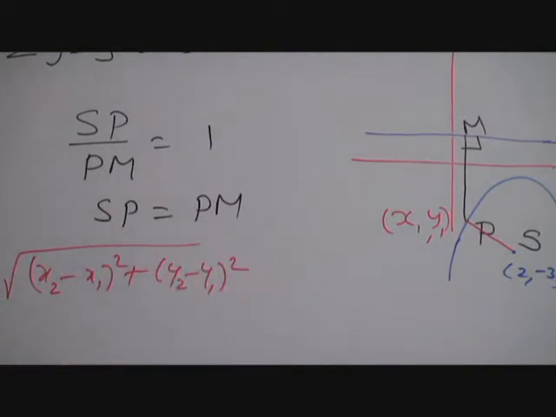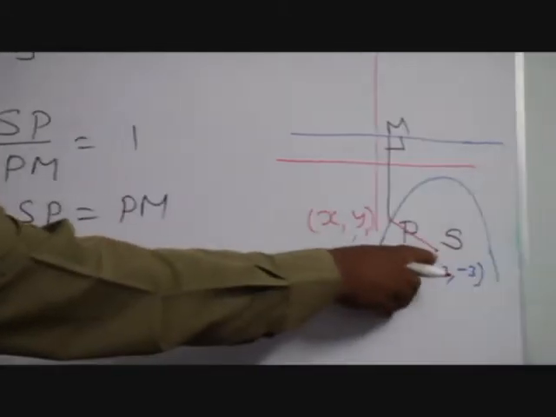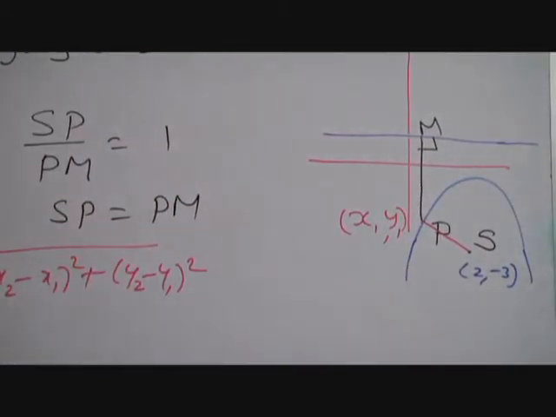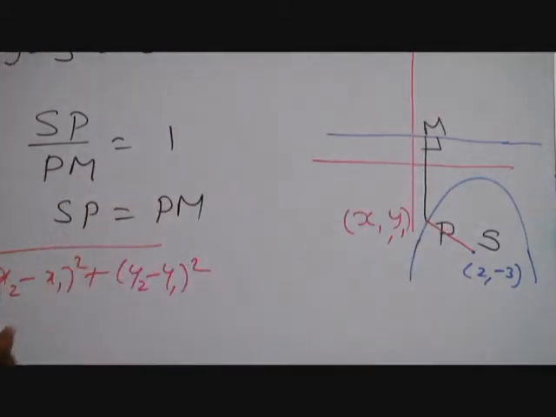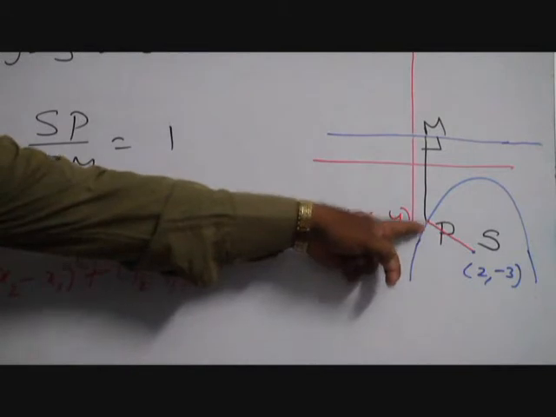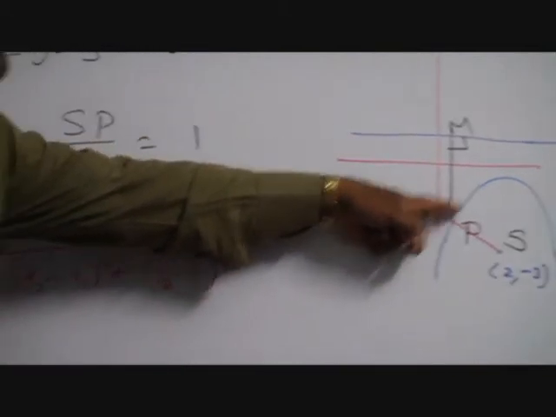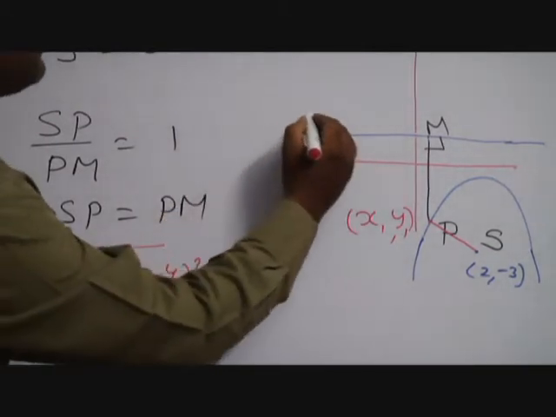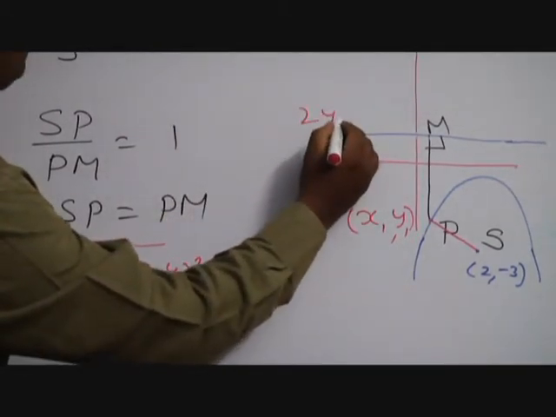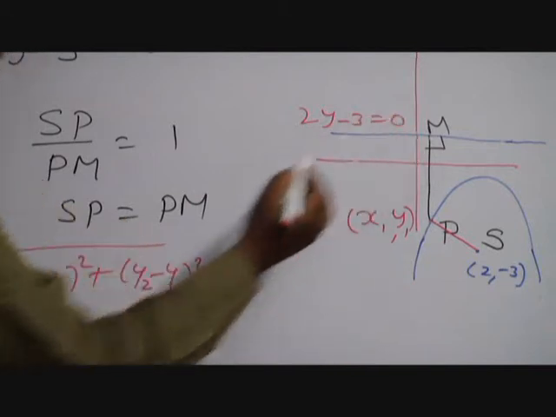This is the formula used to find the distance between the two points S and P. Next, our aim is to find the distance PM. PM is the perpendicular distance from the point P to the directrix. What is the equation of the directrix? The equation of the directrix is 2y - 3 = 0.